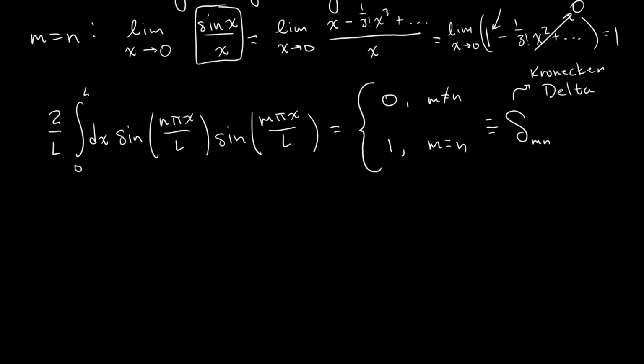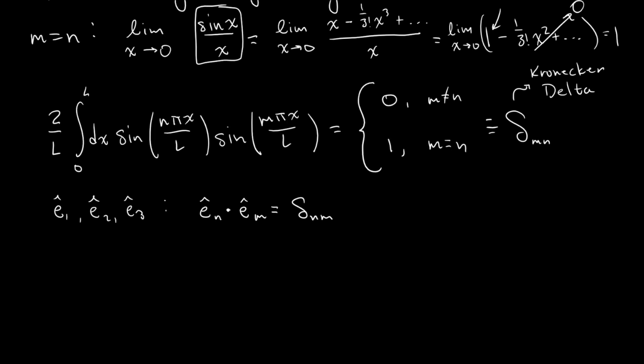So this, of course, looks very familiar. It's familiar from the case of vectors: if I call my basis vectors e1, e2, e3, I know that e hat n dot e hat m is also going to be equal to the Kronecker delta, assuming these are orthonormal basis vectors.